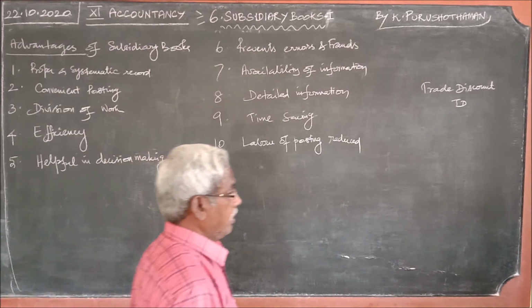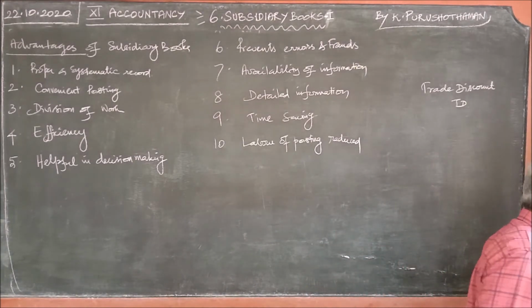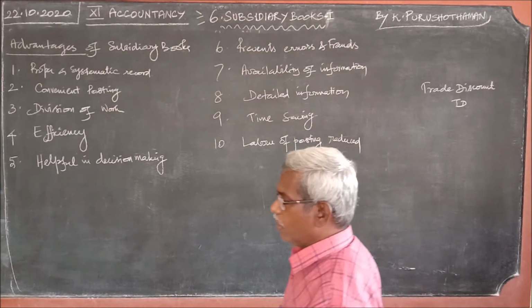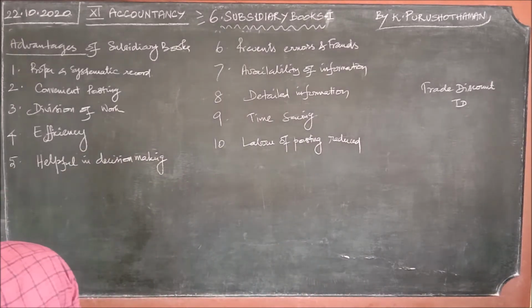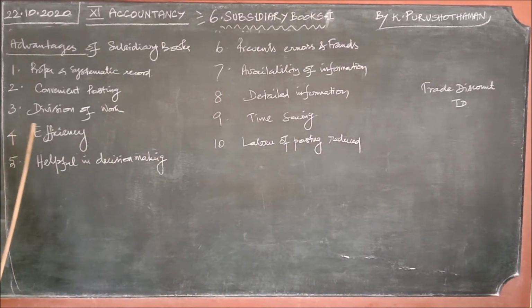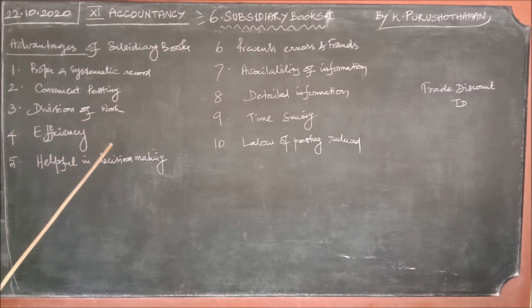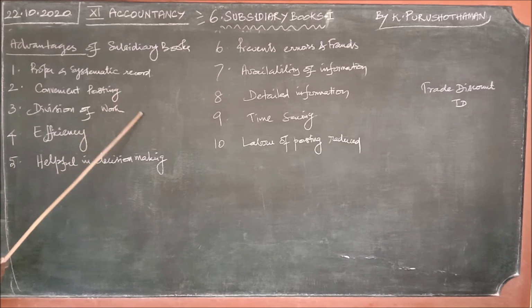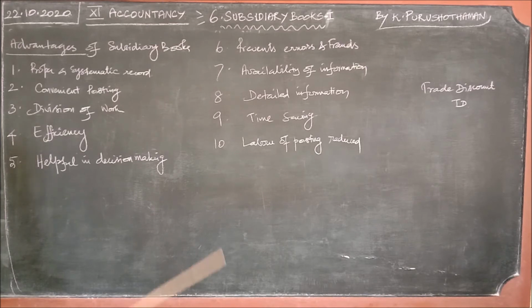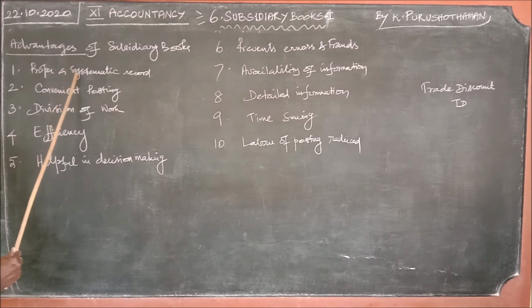Now, we shall see the advantages of subsidiary book. Just now I said, subsidiary books are the substitutes of journal. And in what way it is useful and what are the advantages of it. In the journal all the entries are passed, but here the entries are passed properly.